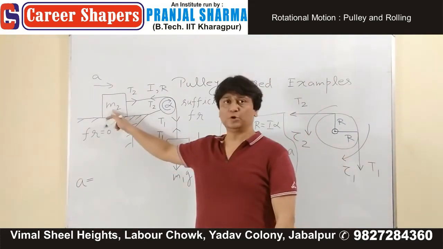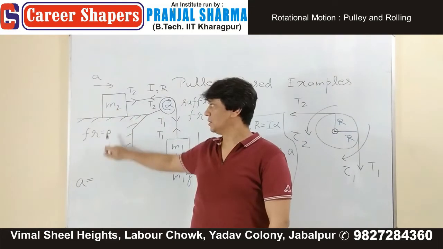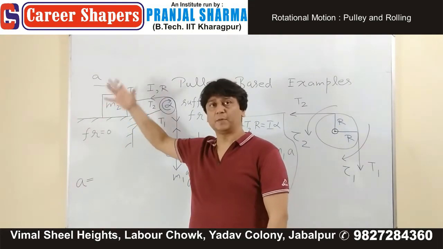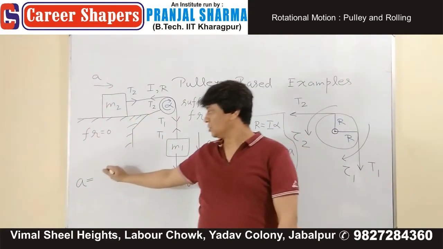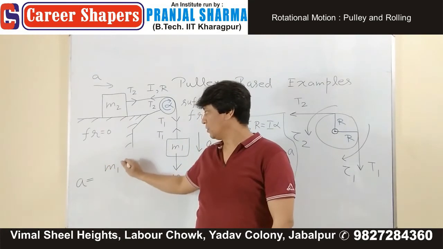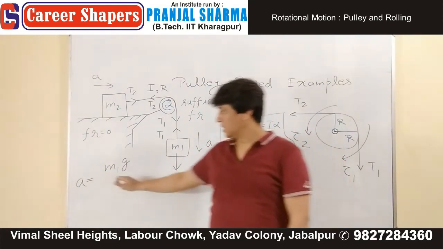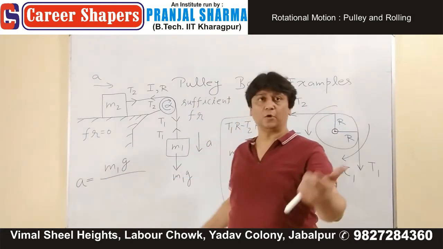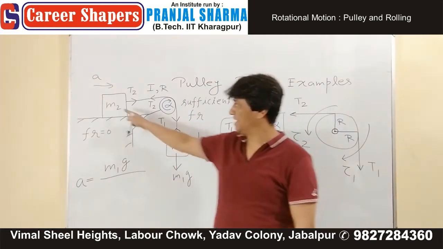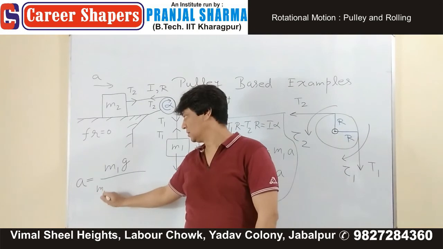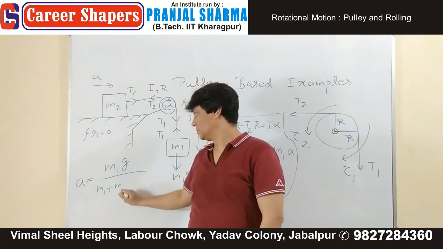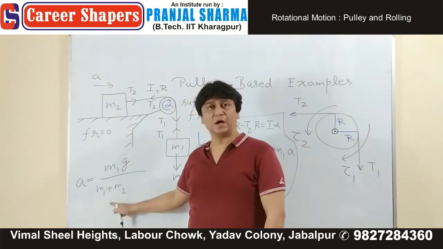What about M2G? I told you, normal reaction is balancing it, it is not of use. What is the pulling force? M1G. Now this M1G is pulling how much mass? M1, M2. Force divided by mass is what?